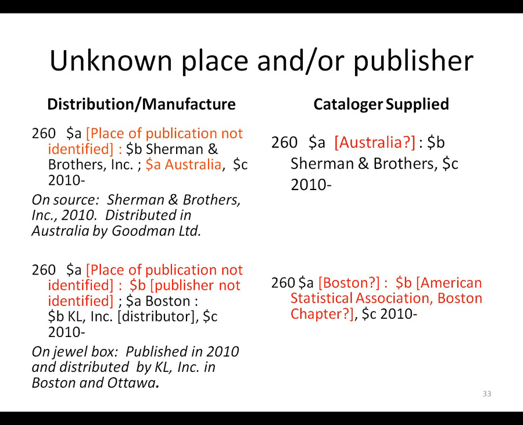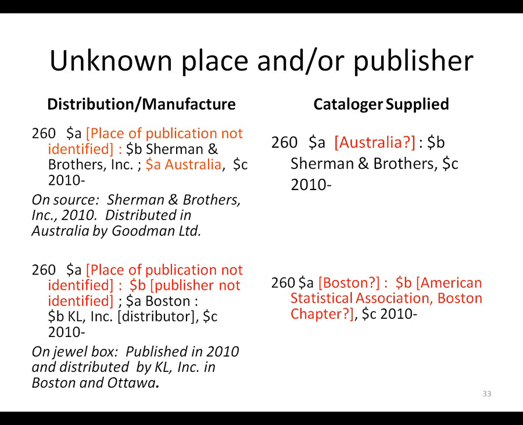The second case is one where this particular thing might be a serially issued CD-ROM, which nowhere on external or internal sources has a statement of publisher or place of publication. But on the jewel box, there's only a statement that says it's published in 2010 and distributed by this distributor. This distributor is located in these cities.